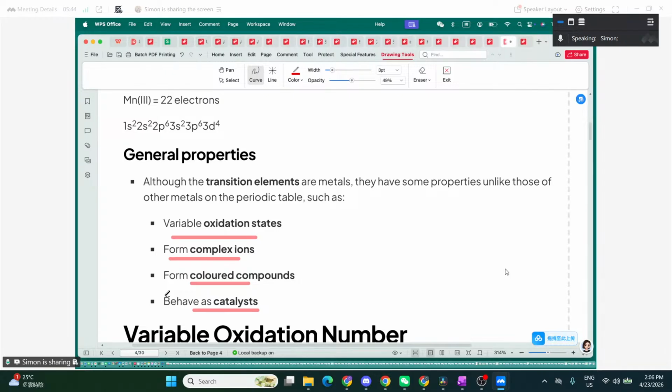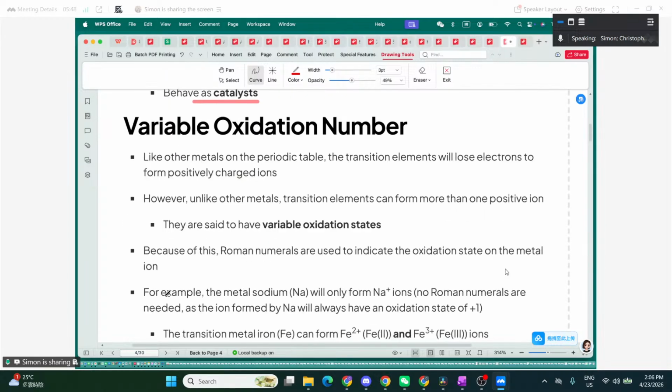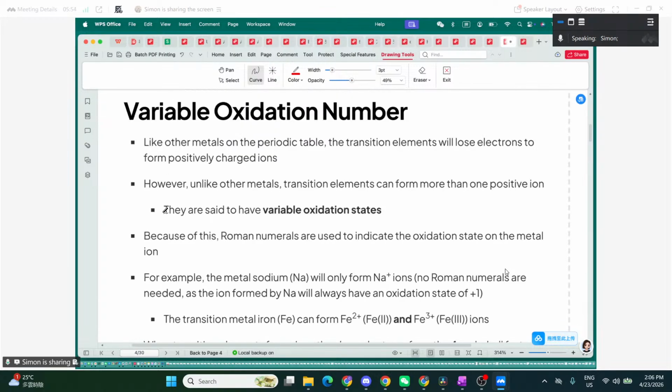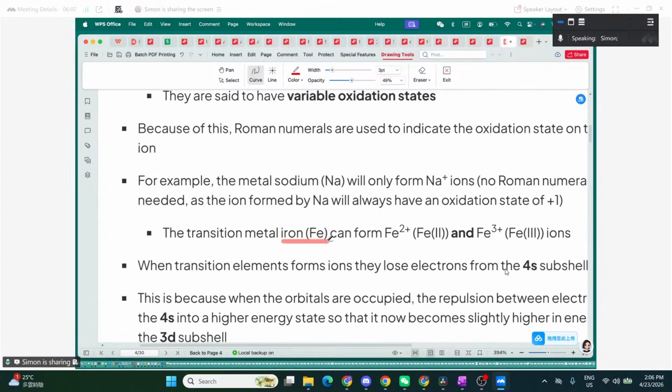The first property is the variable oxidation number. How is it variable? Take, for example, iron.